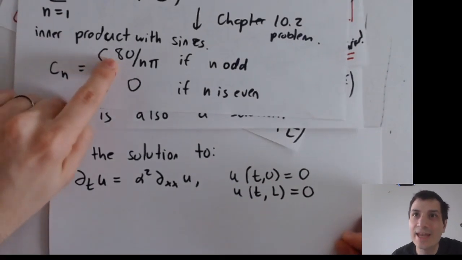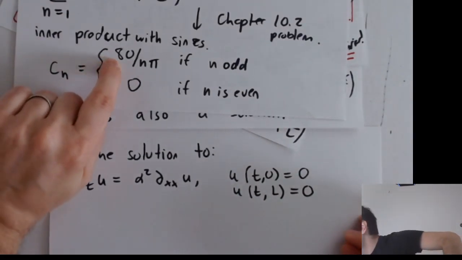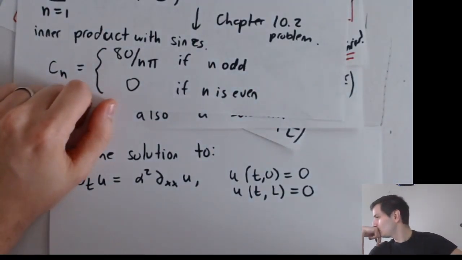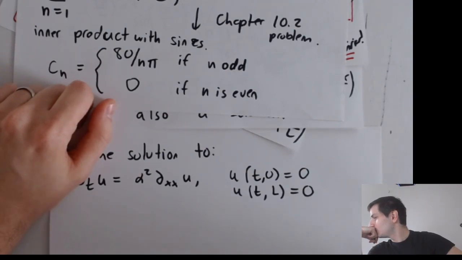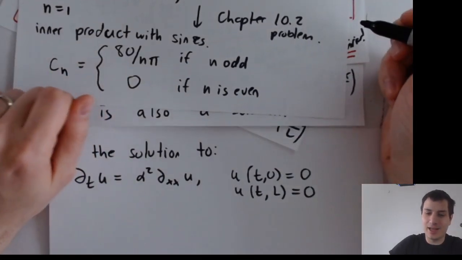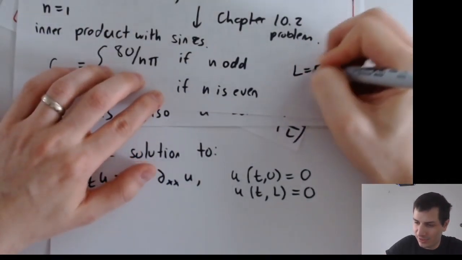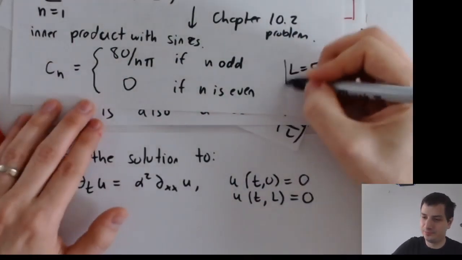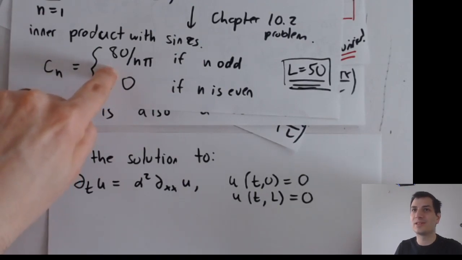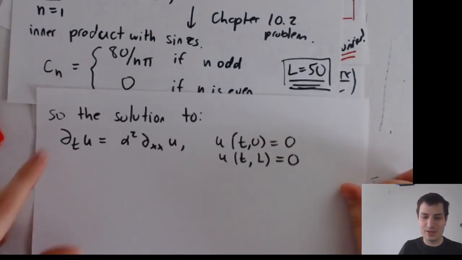I think this formula, this 80, only works for the textbook example where they took L equals 50. So let's put L equals 50. This is the textbook example that we're doing. You can probably find this just in terms of L, but I just didn't have time for that right now.